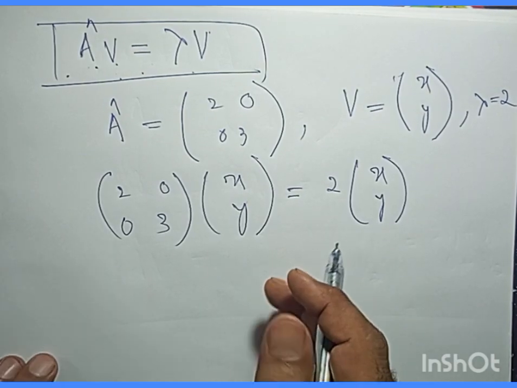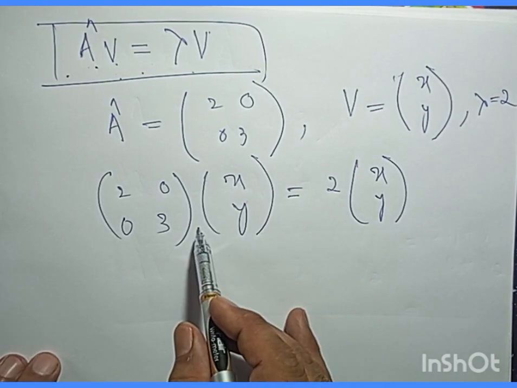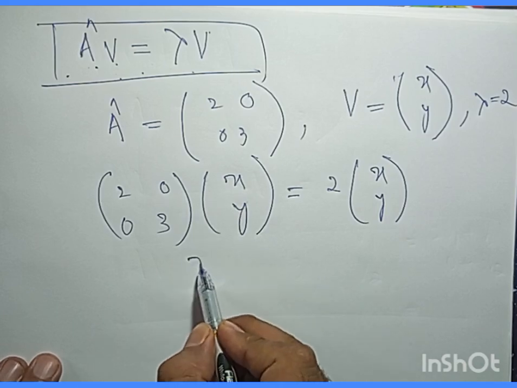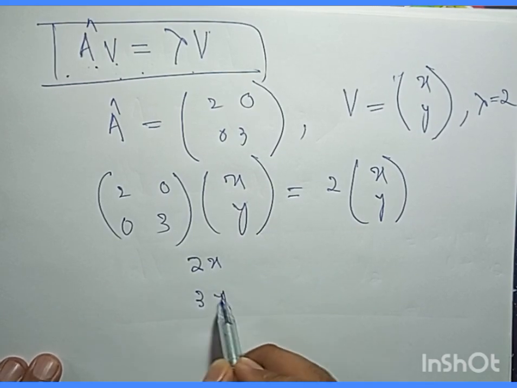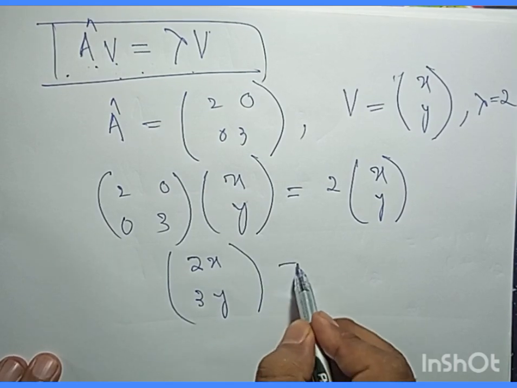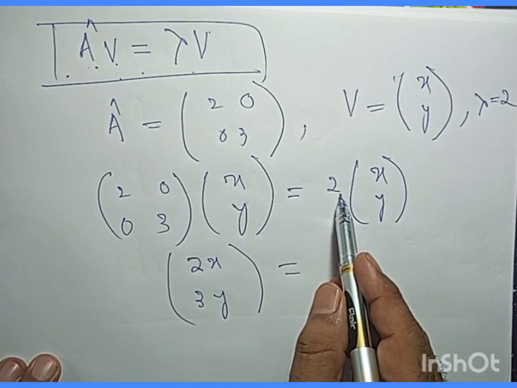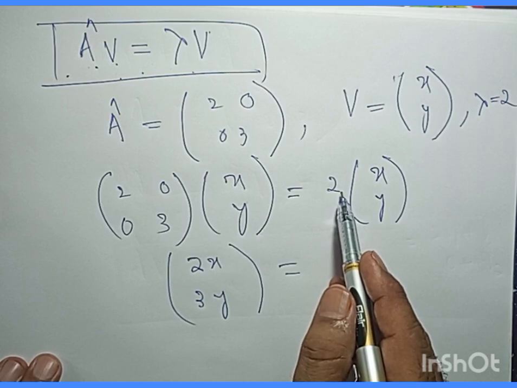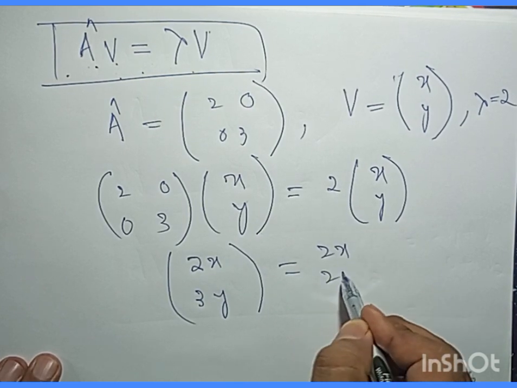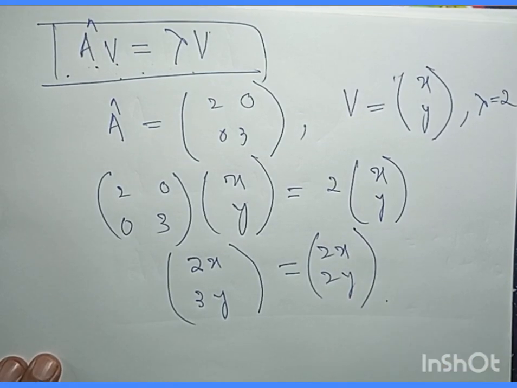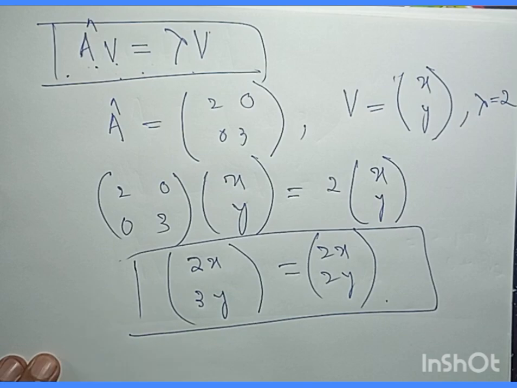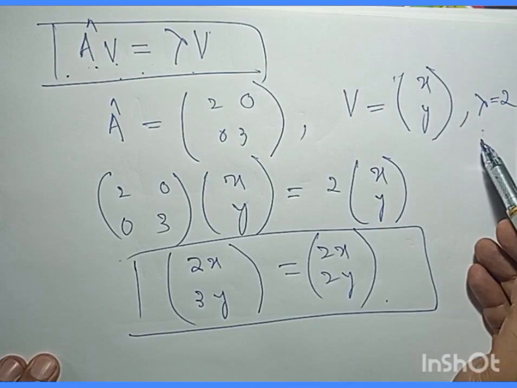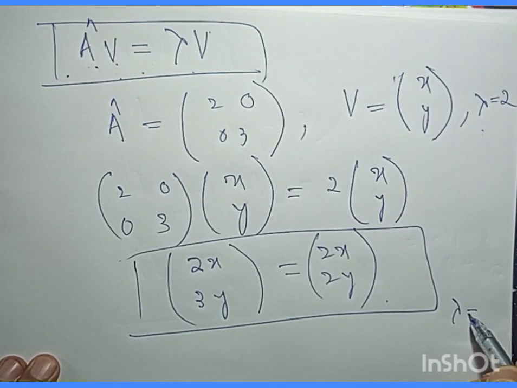Now we can solve this, and solving this will give us 2x, 3y, that's clear from the multiplication, is equal to 2x and 2y. So this is for lambda equal to 2. And if we take lambda equal to 3 here, what will we obtain for the same thing?